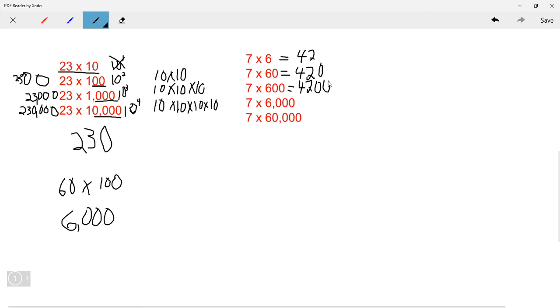So 7 times 600 is 4,200. 7 times 6,000 would be 42,000. And because I'm adding the 3 zeros, this is 4 zeros, so it would be 42, and then add the 4 zeros, so 420,000.